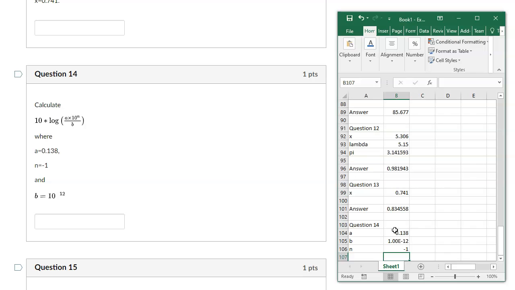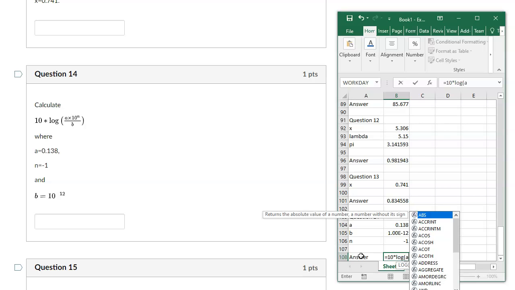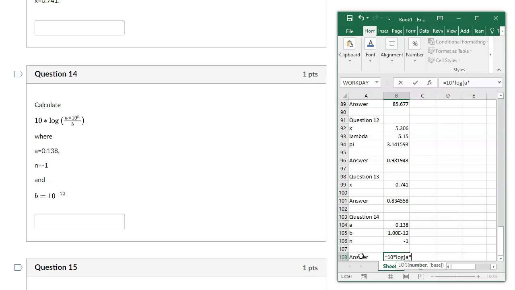Okay. And what I'm after here for my answer is going to be 10 times the log of A times 10 to the N, all of that divided by, now, let me do this.